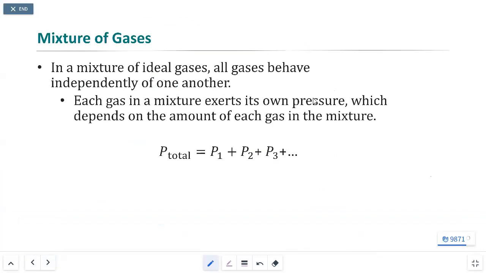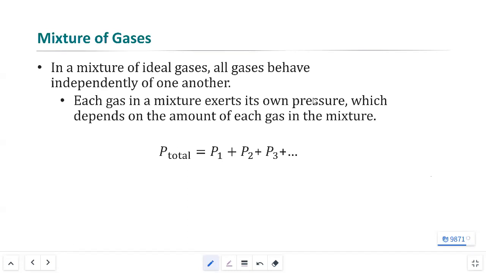All right, so we just have a couple of other concepts that we want to look at to kind of close out the chapter here. You've actually applied a couple of these already. So what do we do if we have a mixture of gases?